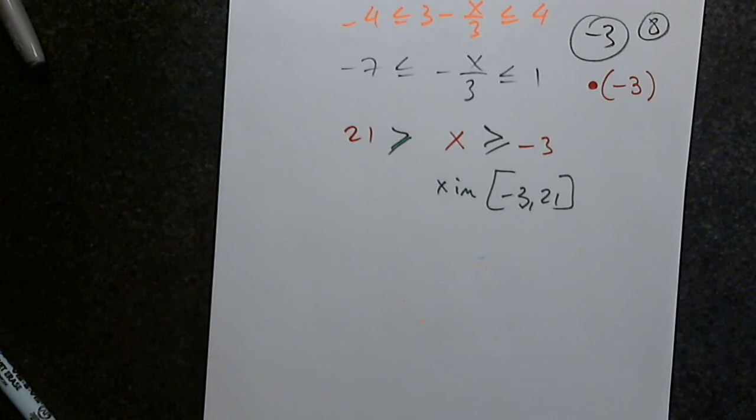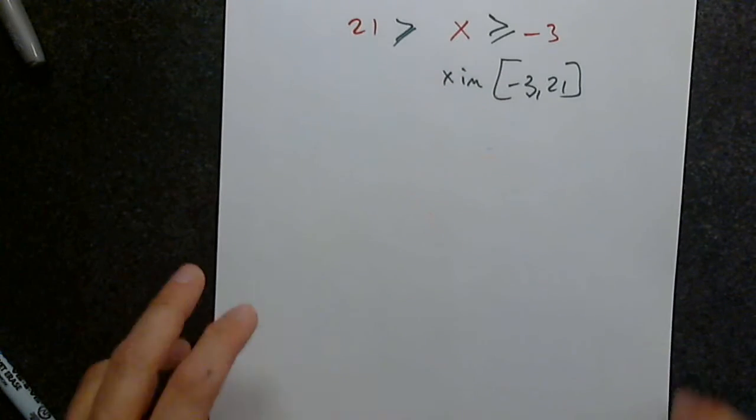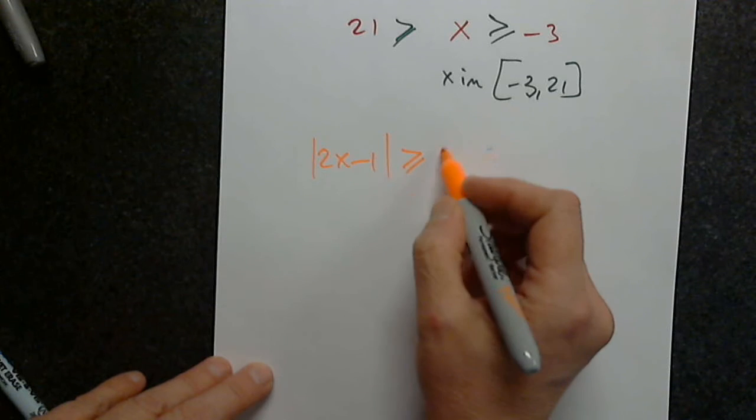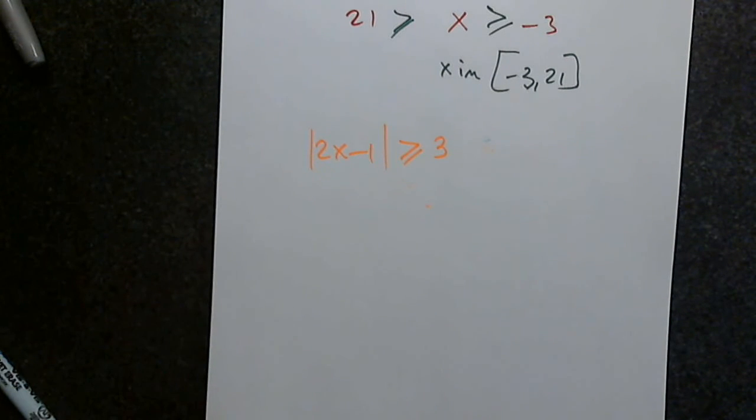Let's solve one with the other type. So let's say we have the absolute value of 2x minus 1 greater than or equal to 3. This is not the same type. It's not the same as what we just did. How do we solve this one?